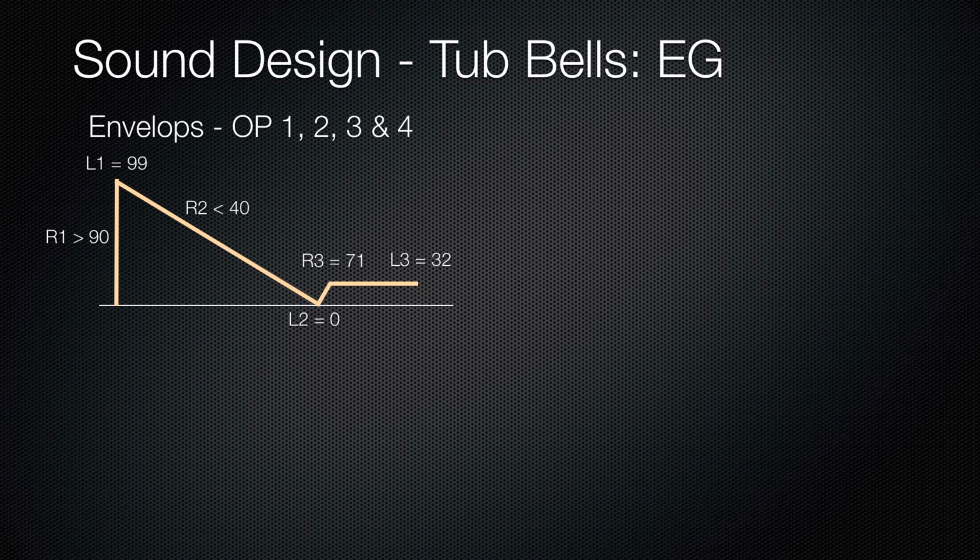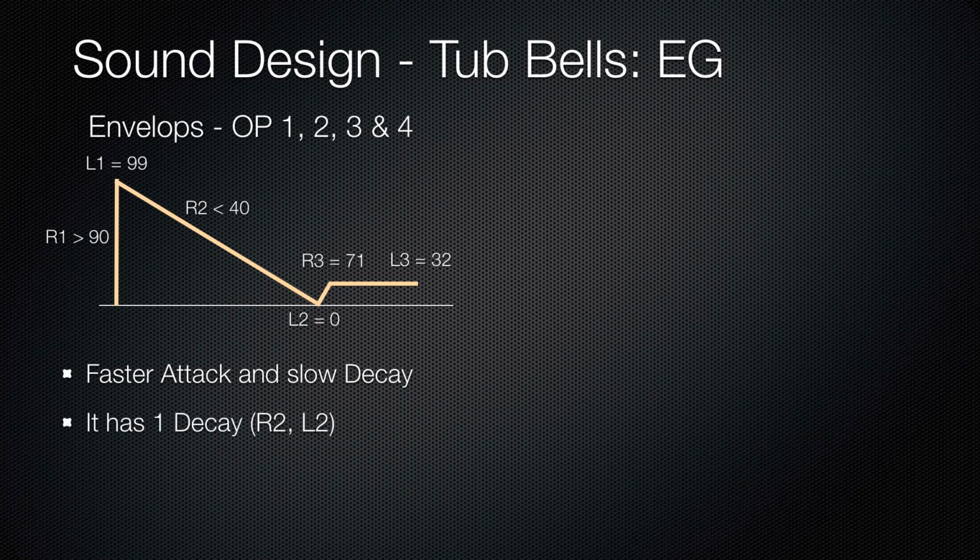We will visualize how these envelopes are generated. For operators 1, 2, 3, and 4, their envelopes are very similar. They have faster attack. They have a slow decay, slowly reaching level 2, which is 0.